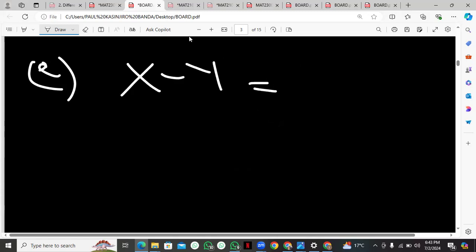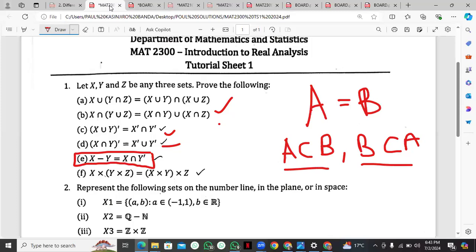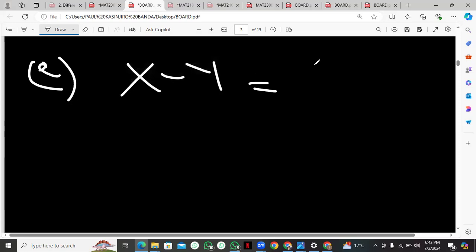Okay, so let's do question E. We had X minus Y. It's actually equal to, let me check, X minus Y is equal to X intersection Y complement. So we want to prove this.